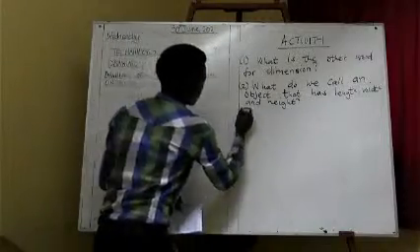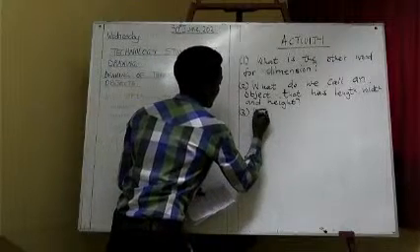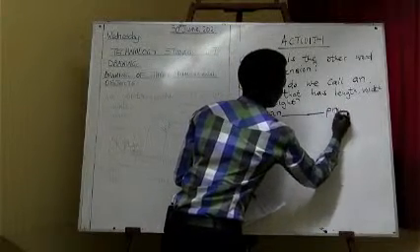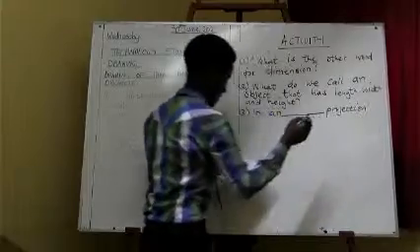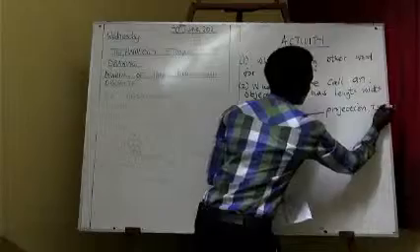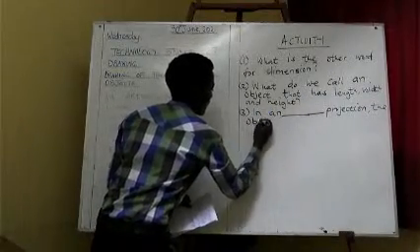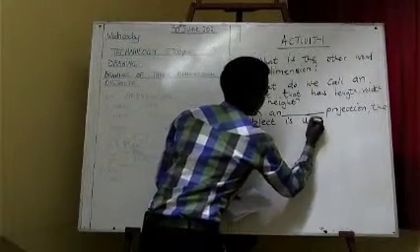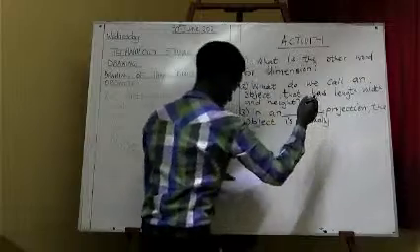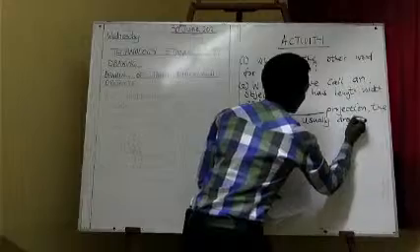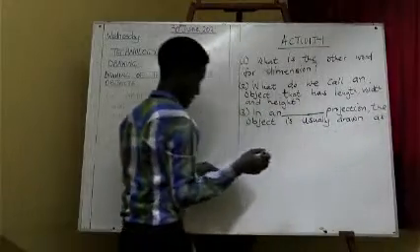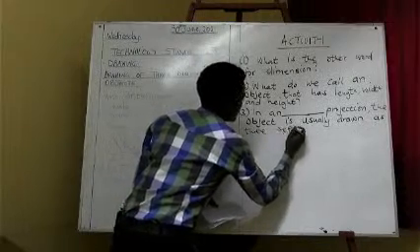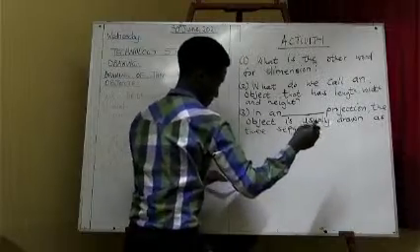Okay, we have the third one. In an orthographic projection, the object is usually drawn as 3 separate views.